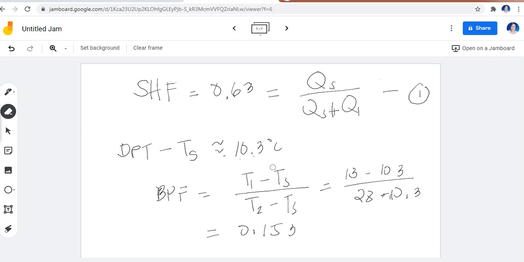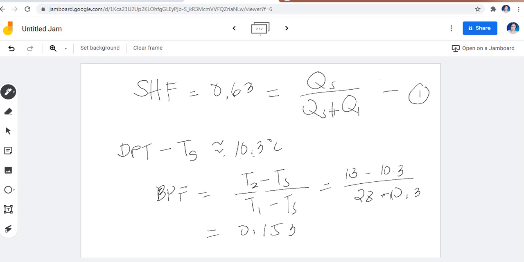So I will just change this one. This is the final state, this is the initial state. That would be 13 for the final and 28 for the initial, giving you this bypass factor. So we have already answered the bypass factor.